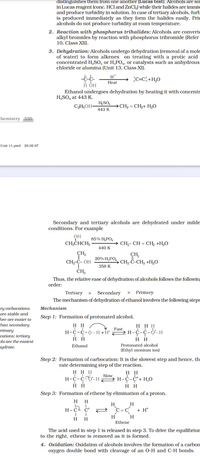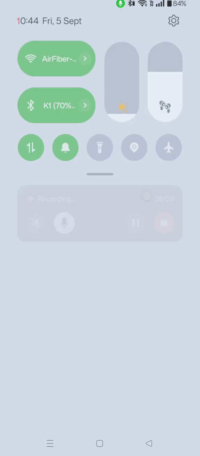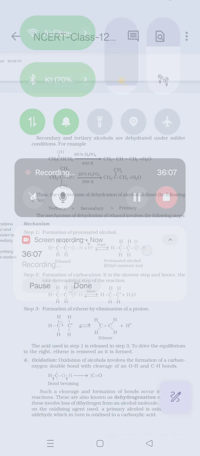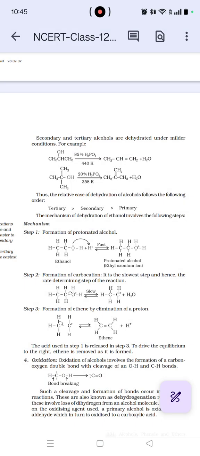C2H5OH gives ethene plus H2O in the presence of H2SO4 at 443 Kelvin. Secondary and tertiary alcohols are dehydrated under milder conditions.